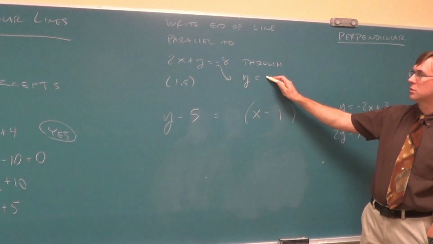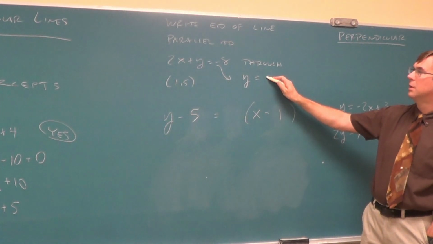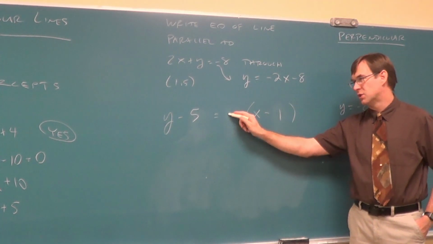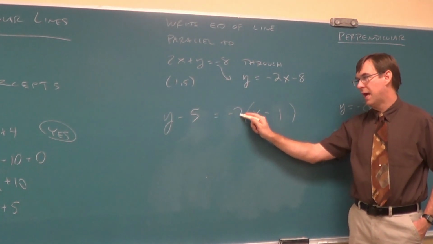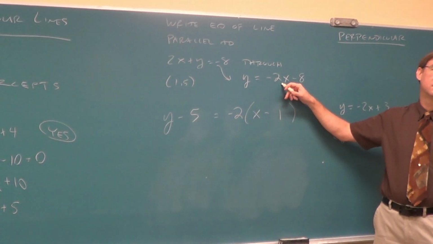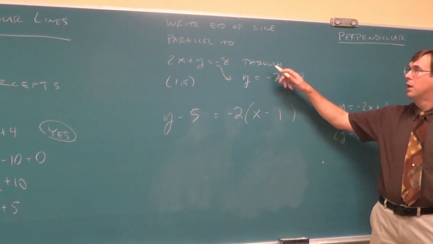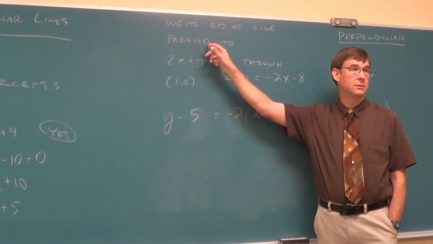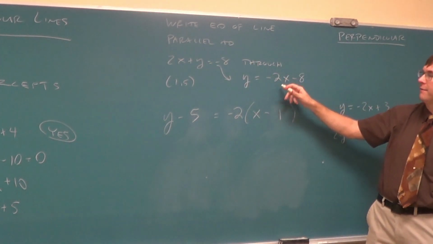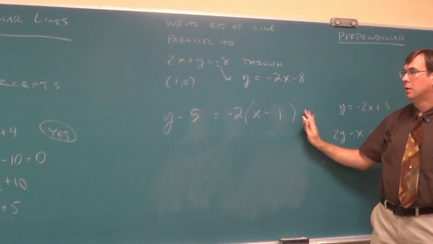If we get this y equals, it's negative 2x minus 80. So this is going to be negative 2, because for this line, negative 2 is the slope. And parallel means same slope. So we'll take the slope we have and just keep the same number.